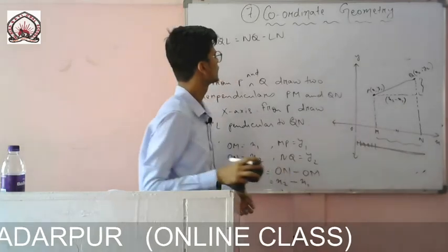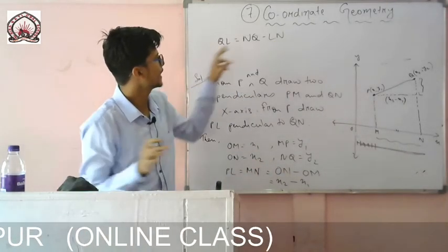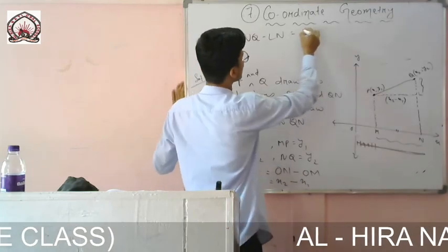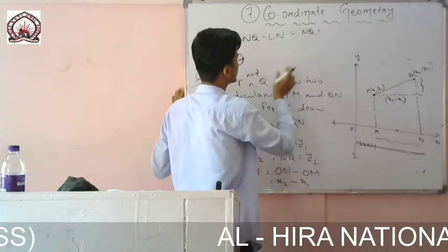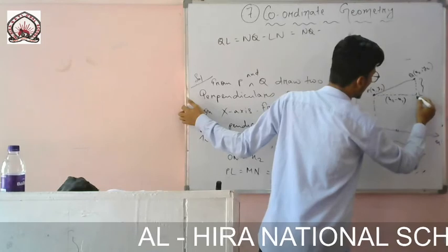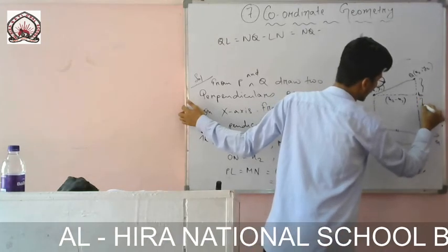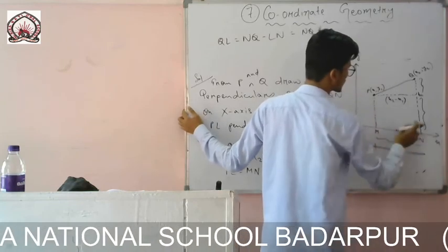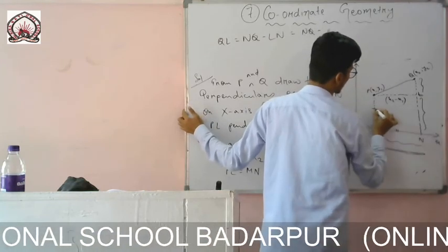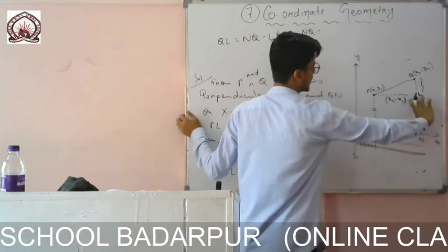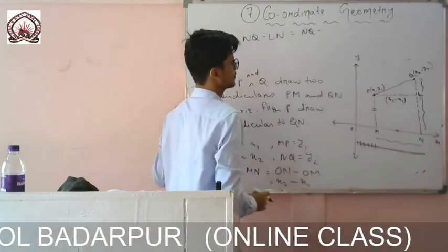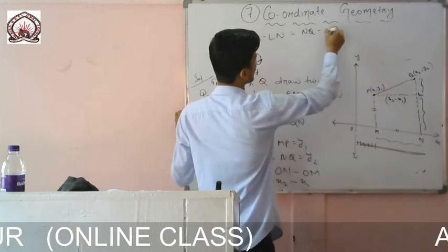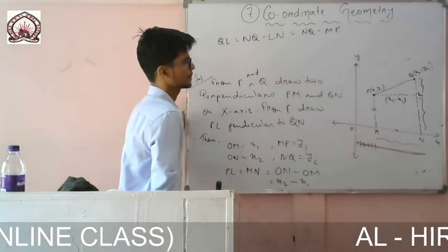Now in place of LN, you see LN, this part, and this side and this side are the same. So in place of LN, I can write PM. LN and PM are the same.